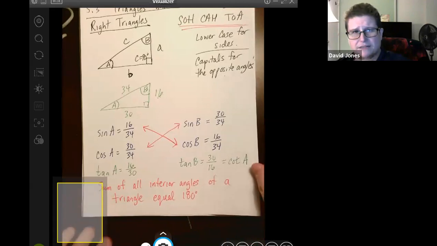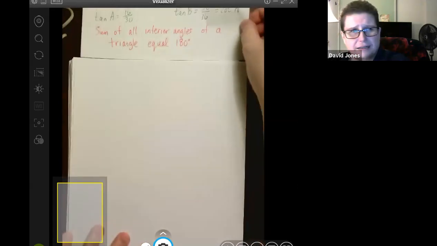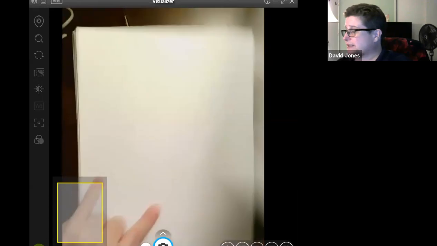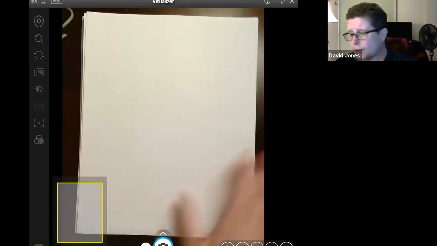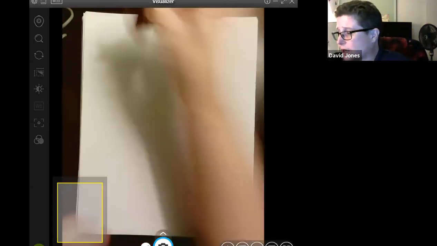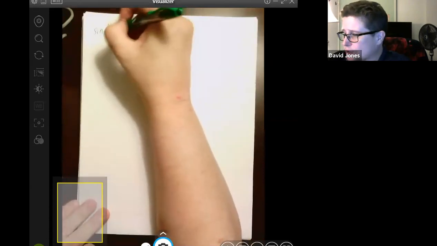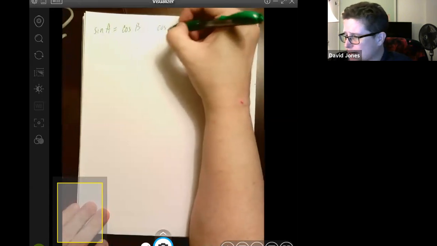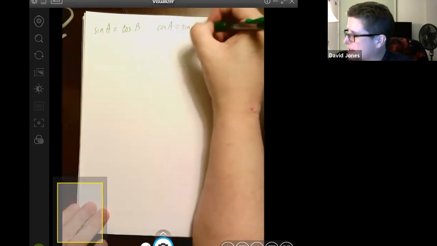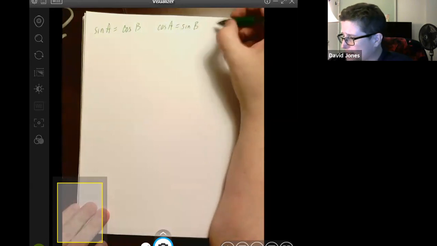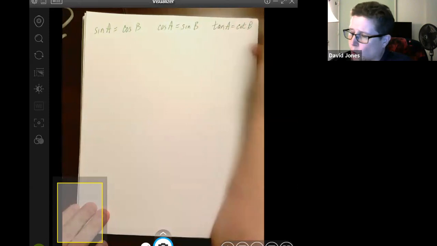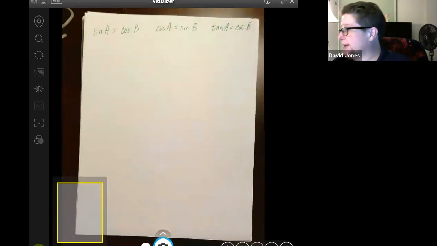Hit pause if you need to. What we had going on up there was sine A equaled cosine B, cosine A equaled sine B, and tangent A equals cotangent B, or cotangent of A equals tangent B.